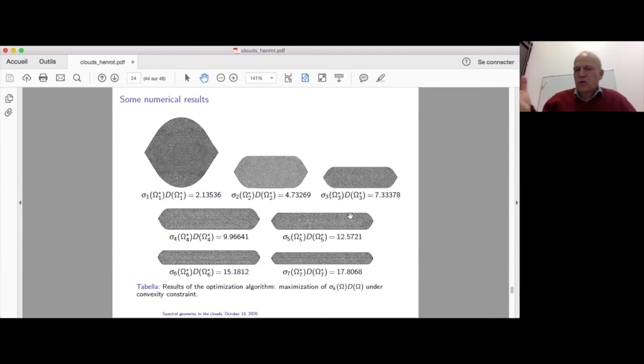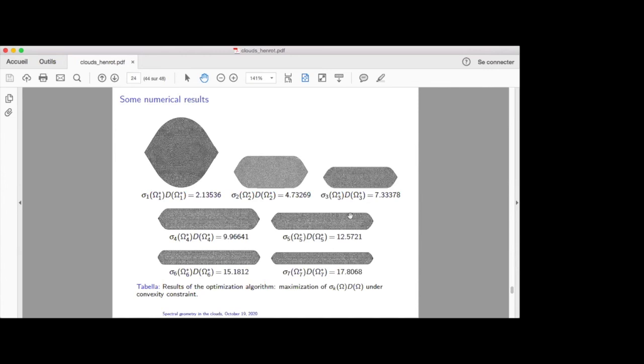Some people, including Beniamin Bogosel and others, did this numerical investigation with a volume constraint, and what you get is something which seems closer and closer to the ball, with a tiny, very regular oscillation on the boundary. And here you have something very, very different.